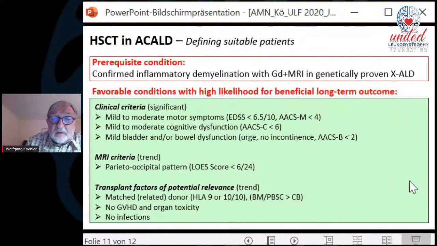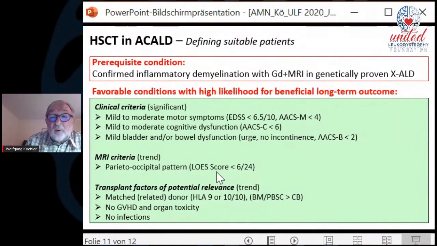And favorable conditions, with a high likelihood for a beneficial long-term outcome, are minor or very mild or moderate motor symptoms, mild or no cognitive dysfunction, and mild bladder and bowel dysfunction. So if you are in an early stage of cerebral disease, then you have a really good outcome with this disease.